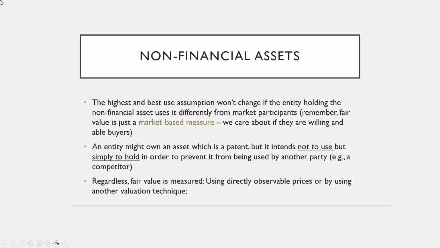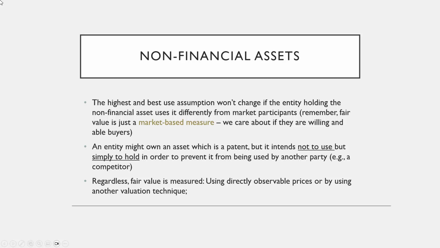If company XYZ is holding a non-financial asset to trade in a specific sector, which is a patent, and that asset is bought by company ABC, and ABC is now holding this to prevent their competitors from buying the same product, do you see that the use of this is different?